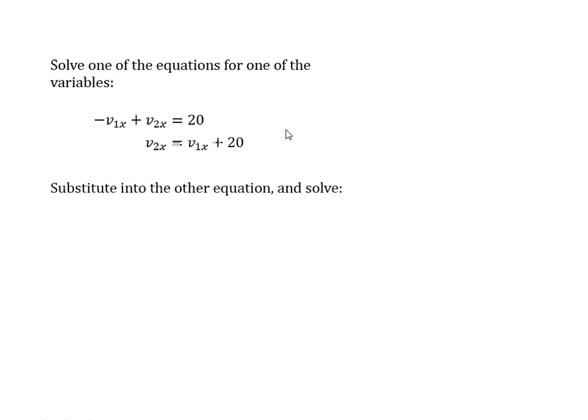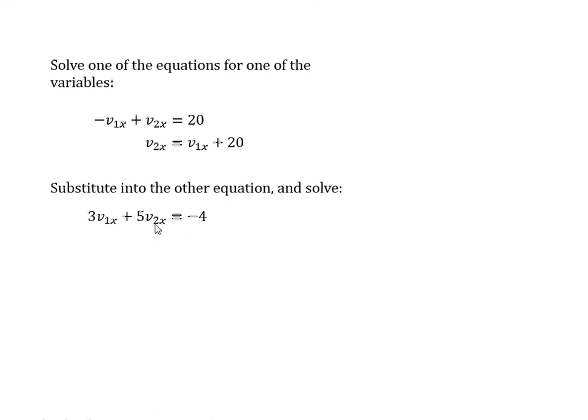In solving this, we want to take one of the equations and solve for one of the variables. The second equation is simpler than the first. It'd be very easy to solve for one of the variables. In fact, let's solve for v2. Take the negative v1 to the other side, so v2 becomes v1 plus 20. Then we're going to substitute that value into the other equation. Our other equation, I've grabbed it here, is 3v1 plus 5v2 equals negative 4.